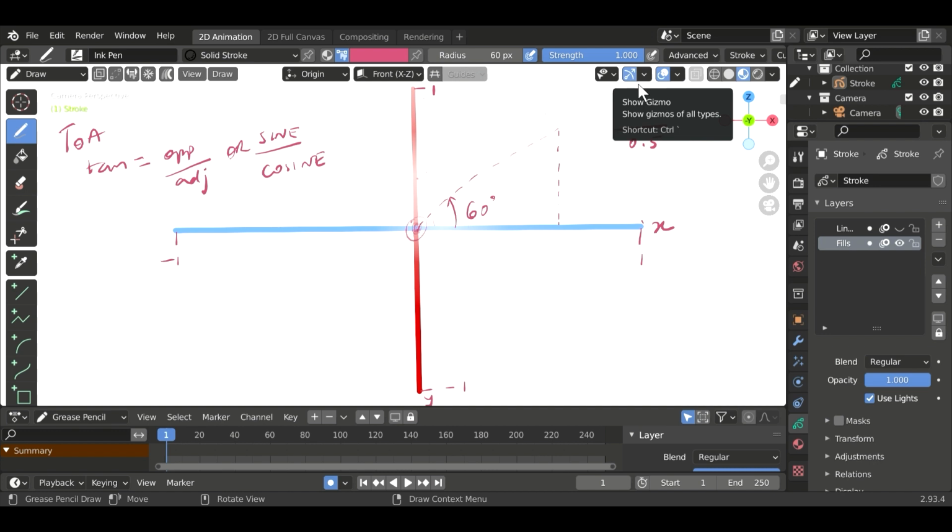And sine 60 is 0.866. So in order to find the tan, it is equal to 0.866 divided by 0.5, and that will give us 1.732. So that's our tan. So tan is sine divided by cosine.